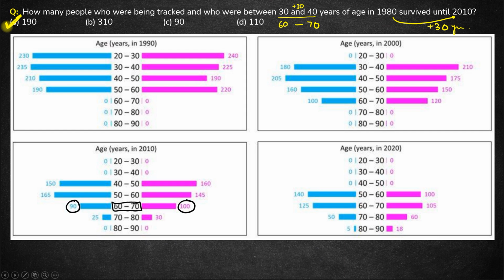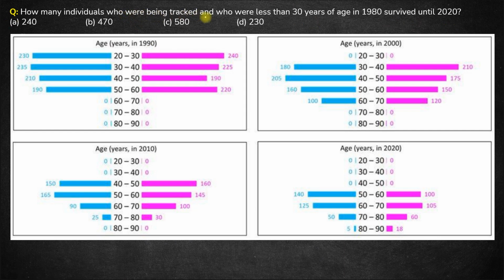Okay. Next question. How many individuals who are being tracked and who were less than 30 years of age in 1980 survived until 2020? Okay. So from 1980 to 2020, we are talking about a difference of 40 years.